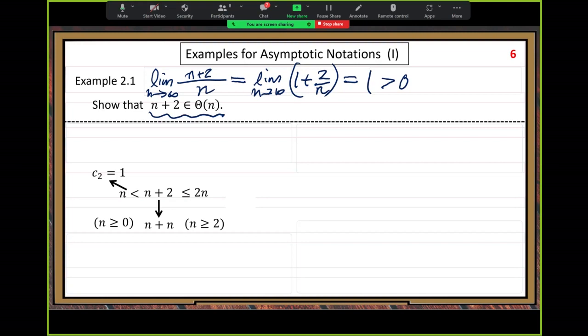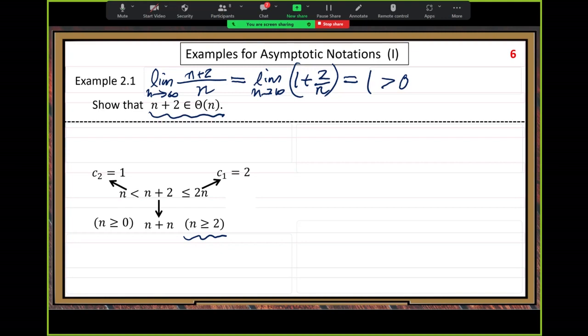This inequality is true when n is greater or equal to 2. If n equals 1, this inequality is not true, right? So we need to specify the range where n is greater or equal to 2. So this time n0 is 2. And C1 is 2, here 2n.